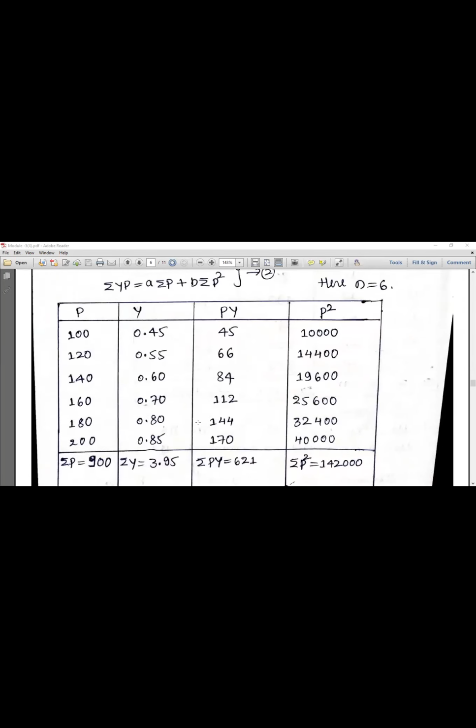Any doubts? 150 in the sense almost here you can see, between 140 and 160. So I want the value of Y between 0.60 and 0.70, and the value is 0.6575. Okay, so any doubts?